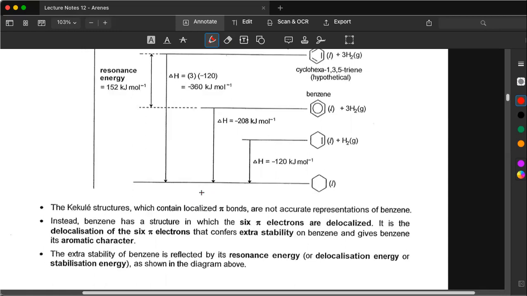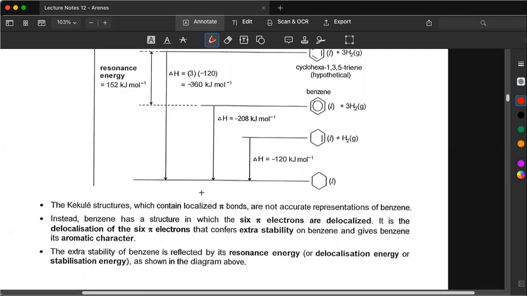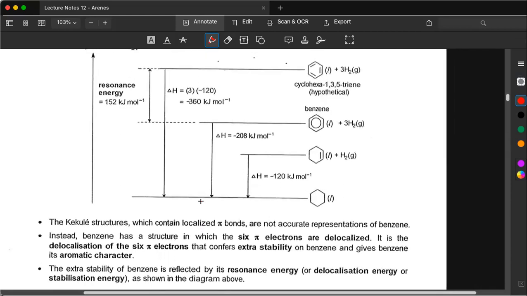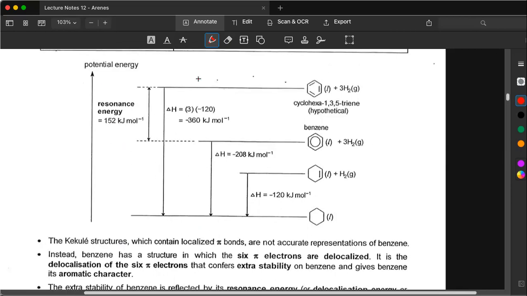It is the delocalization of the 6 pi electrons that confers extra stability on benzene and gives it its special aromatic character. The extra stability of benzene is reflected by the resonance energy as shown in the diagram. So this is the resonance energy, the difference between cyclohexa-1,3,5-triene and benzene, which is the experimental data.